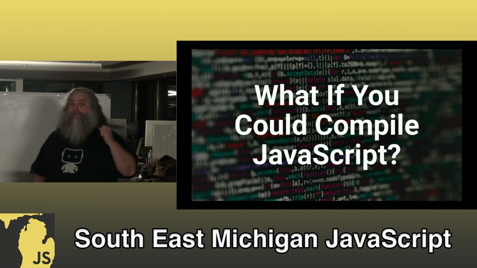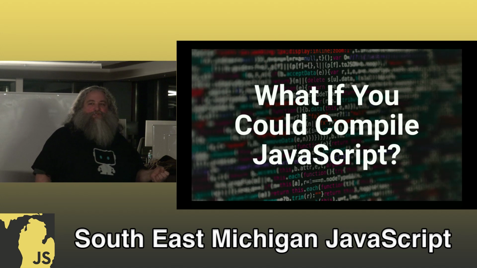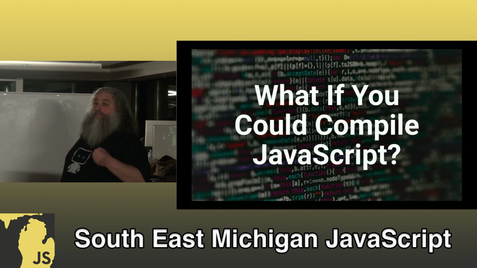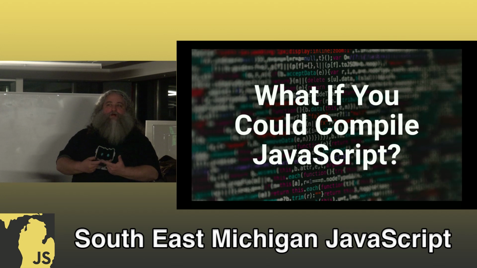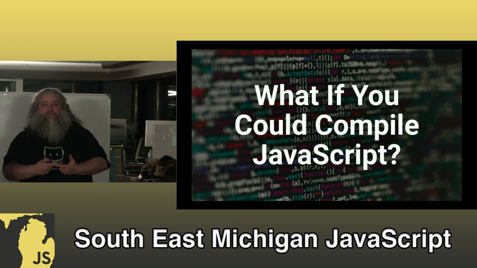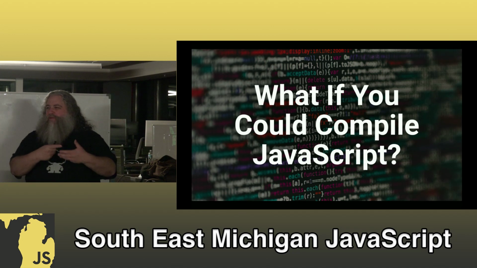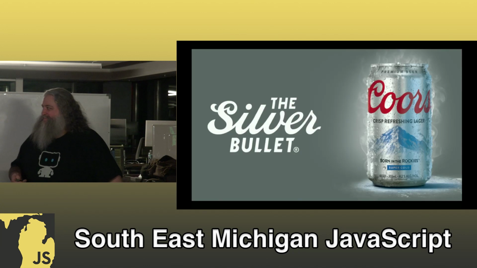You could even code it in raw assembly language, which we're going to do tonight, and run it in the browser. I mean, that would solve all those problems, right? It'd solve the choice of language problem. It would solve the performance issues. It'd be a silver bullet.